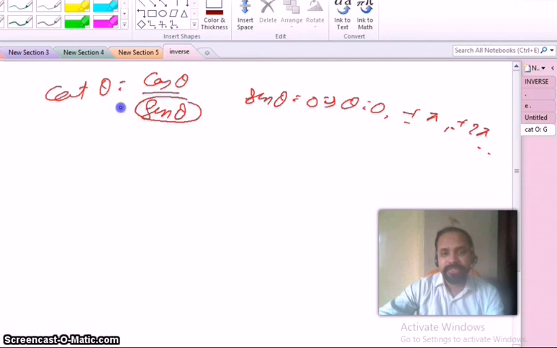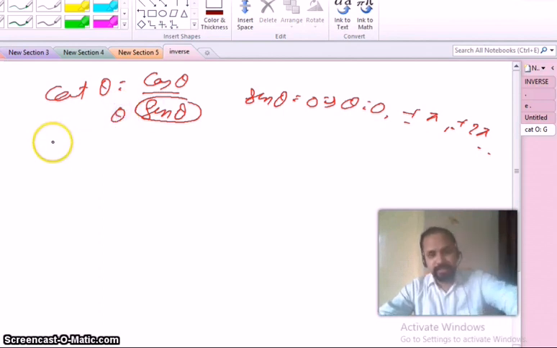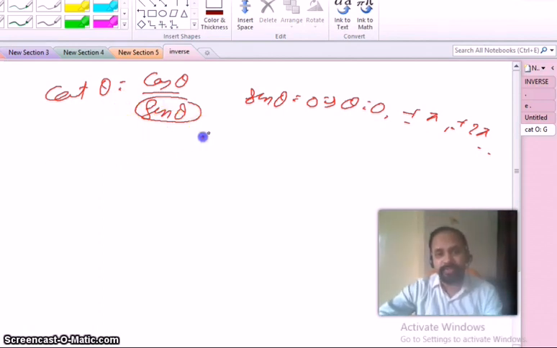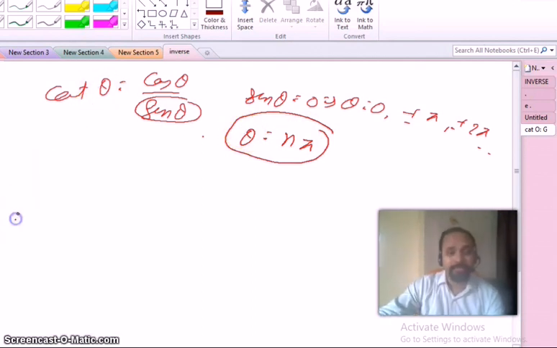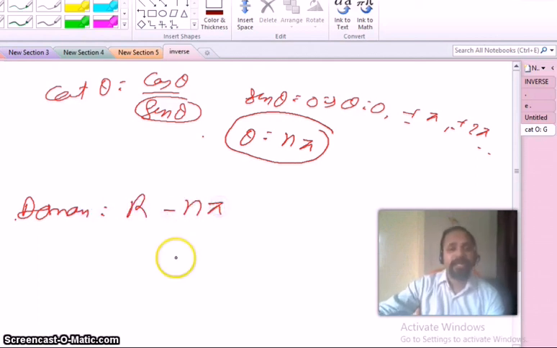That means sin theta is 0 when theta equals n pi. These are the values where sin theta is 0, and then cot theta is not defined. That means the domain of cot theta must be all real numbers except n pi.